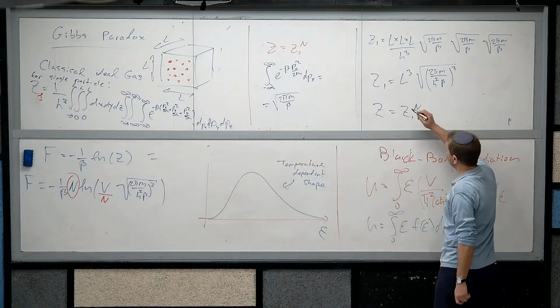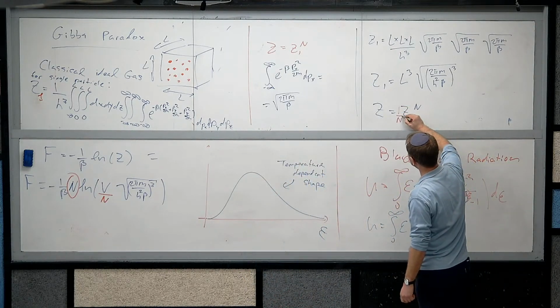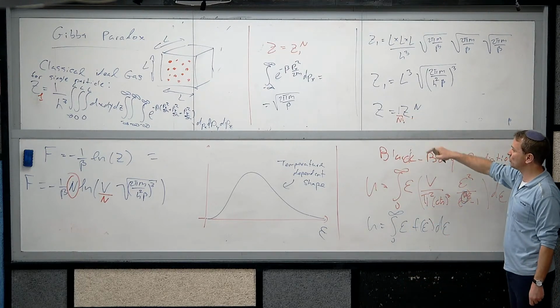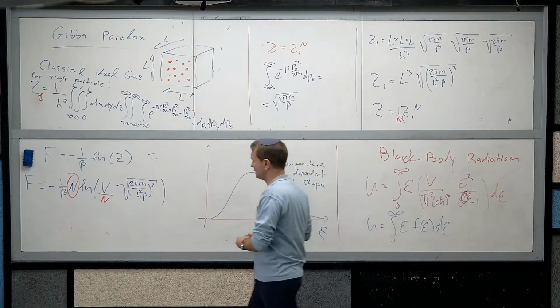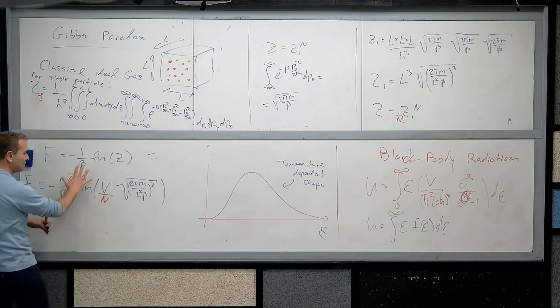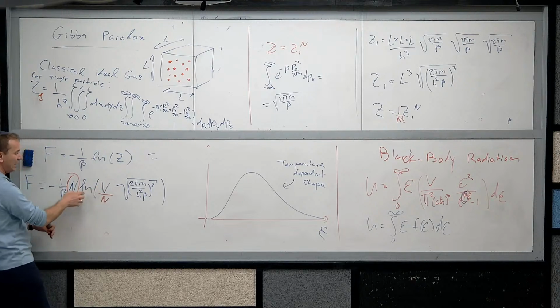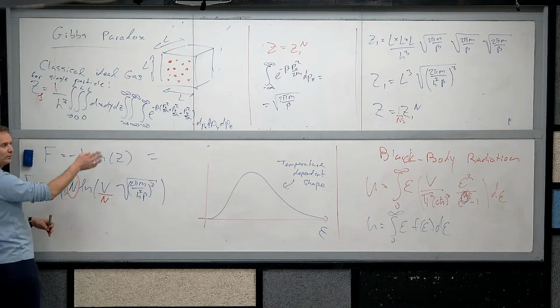So if we put 1 over n factorial, okay, if we just put 1 over n factorial, let's see what happens. Because if I would have something of this form, this is already an extensive function. Because this is extensive divided by extensive, so this is intensive, and I have only one extensive term over here, so the whole function becomes extensive.